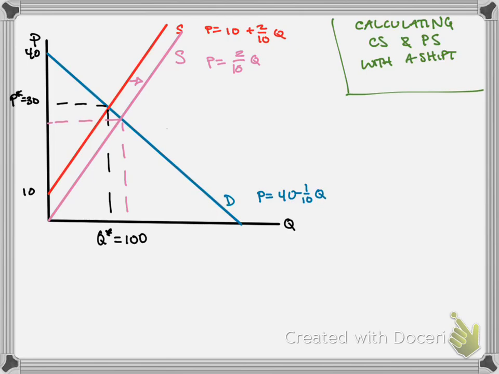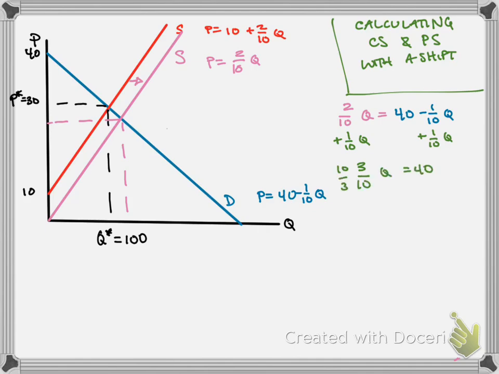Well, the first thing we do is take our supply equal to demand. So 2/10 Q is equal to 40 minus 1/10 Q. I'm going to add 1/10 Q to each side and get 3/10 Q is equal to 40.